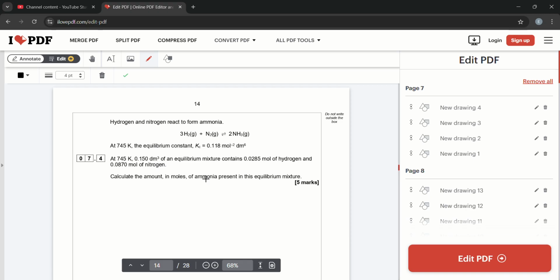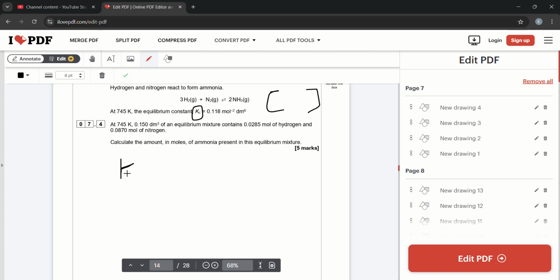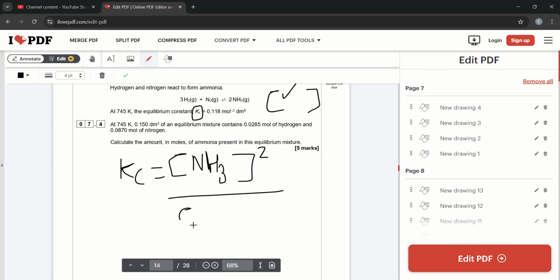7.4. Calculate the amount of moles of ammonia present in the equilibrium mixture. We're working with Kc, so let's construct the Kc expression. Kc equals products over reactants, so products in square brackets, remember, square brackets are imperative: [NH3] squared over [H2] cubed [N2].